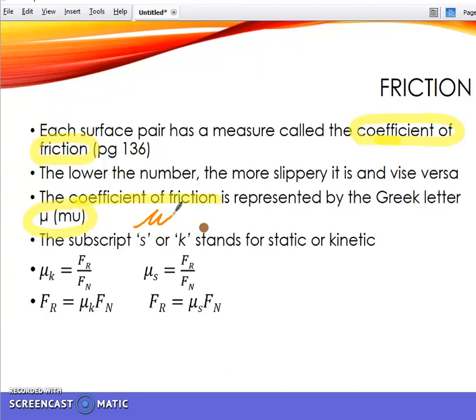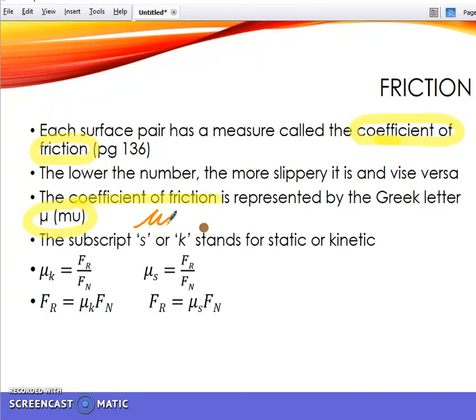And this represents a value or a coefficient between two different surfaces. The lower the value of mu, the slipperier the surfaces are. So feet on ice, very slippery. Low mu.